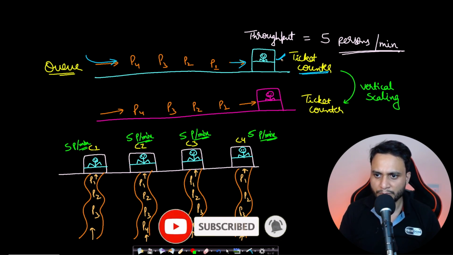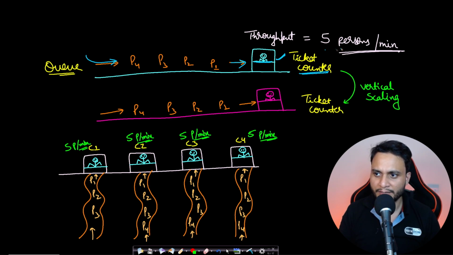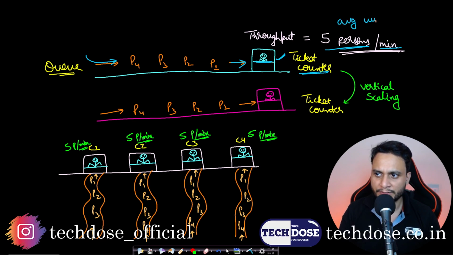Now let's assume that the efficiency of this person at the ticket counter is to handle 5 persons per minute. Or let's assume each person is taking 1 ticket, so 5 tickets per minute is the efficiency. Let's say this is the efficiency of any average worker who can handle the tickets.